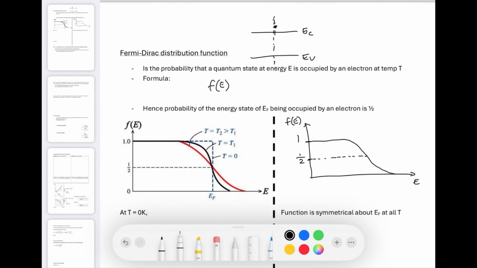So this formula is F(E) equals 1 over 1 plus exponential of (E minus EF) over kT, where E is the energy you're trying to find and EF is the Fermi energy level.